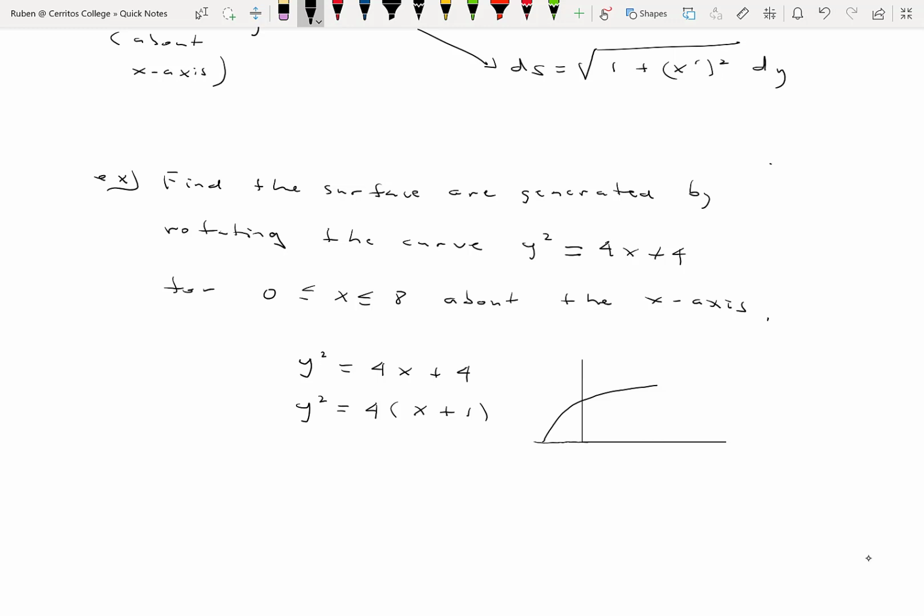Actually, I was going to say we need to know whether y is positive or negative, but we don't. In retrospect, it really doesn't matter.